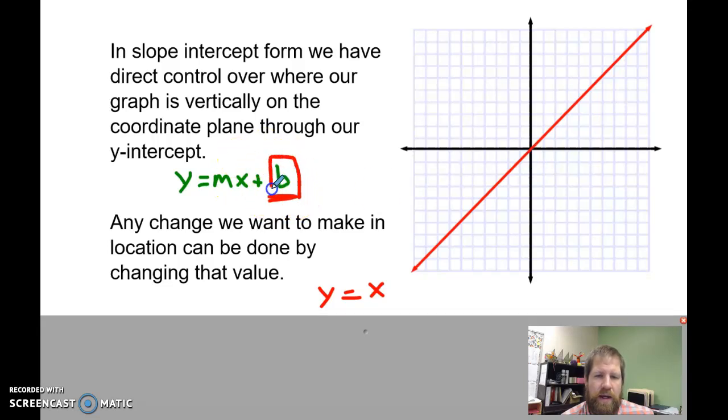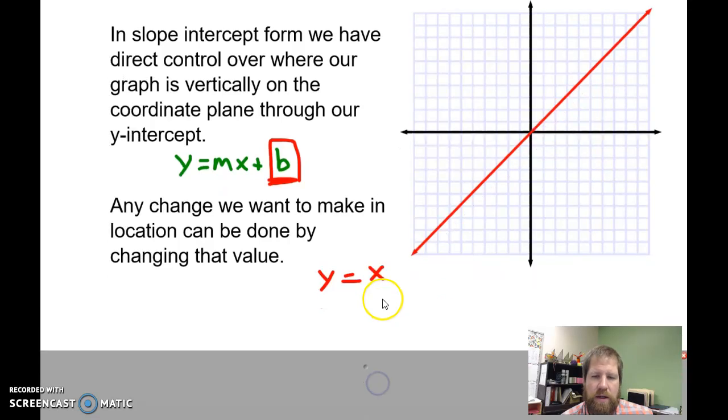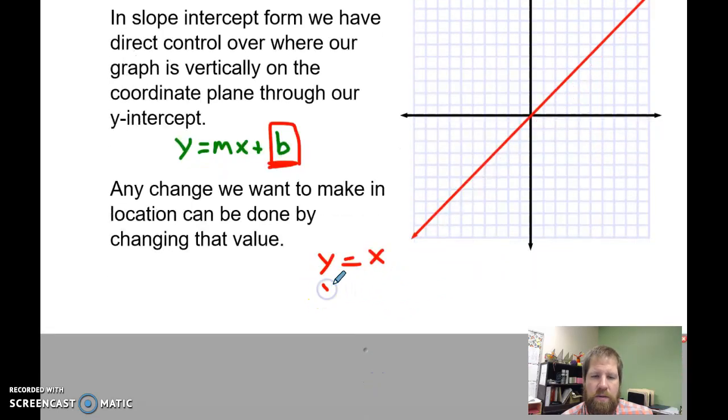We have our y-intercept, and if I change my y-intercept, say this line is right now y equals x, and I decide that I want it to go through this point on the x-axis. Right now it's going through 0 on the x-axis. I want it to go through -3 on the x-axis.